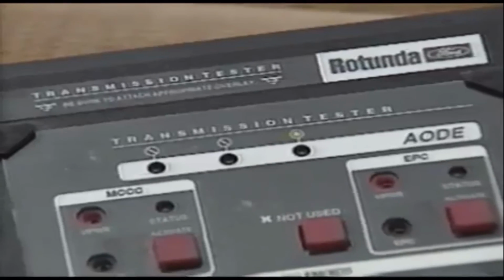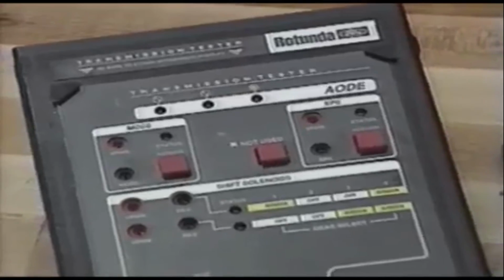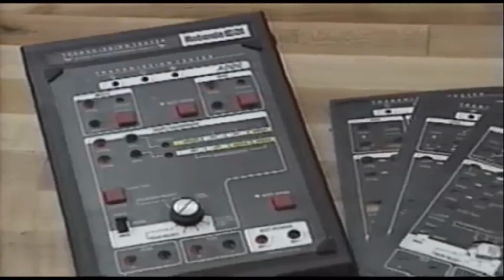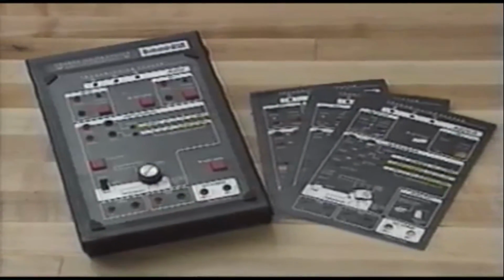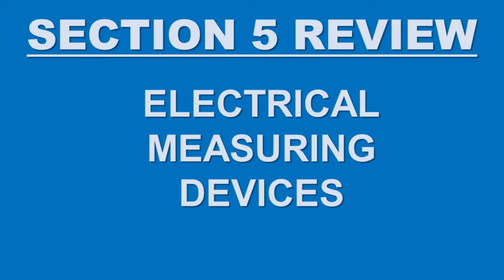The transmission tester is used to separate electronic transmissions from the vehicle processor for diagnostic purposes. When connected in place of the vehicle harness, the tester functions as a computer and provides the same signals that are sent by the vehicle processor. In this section, we've briefly discussed the types of testers used to diagnose problems with electrical circuits and components.